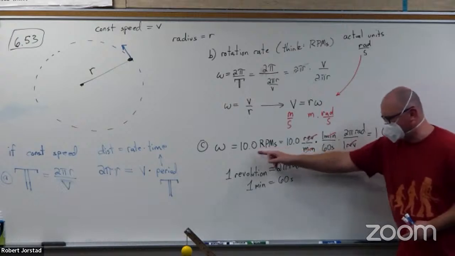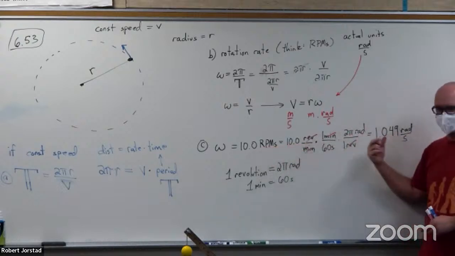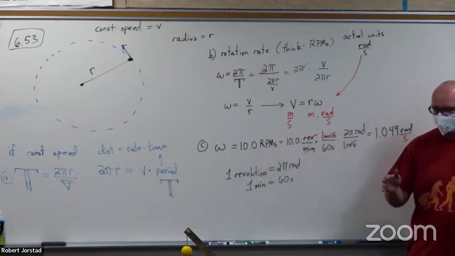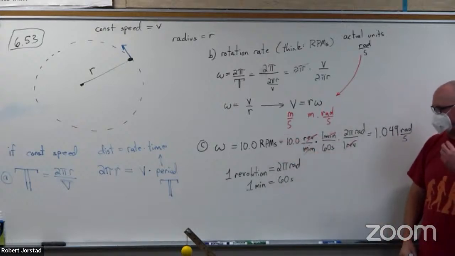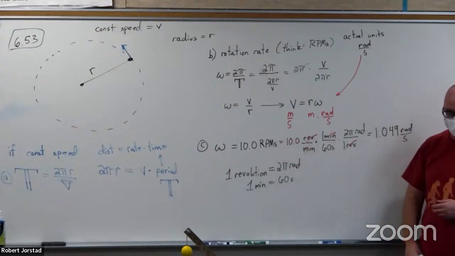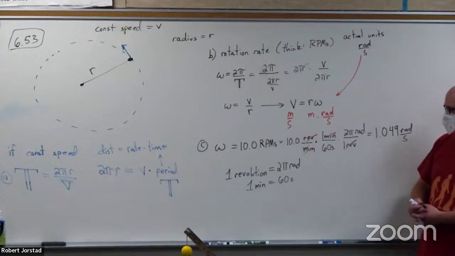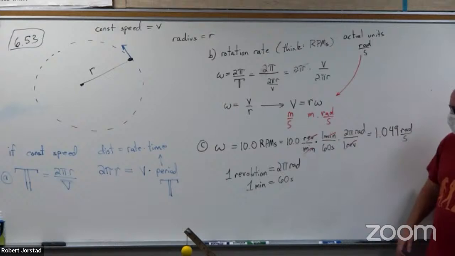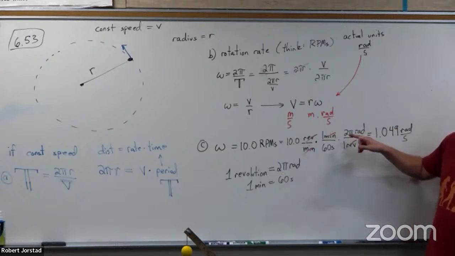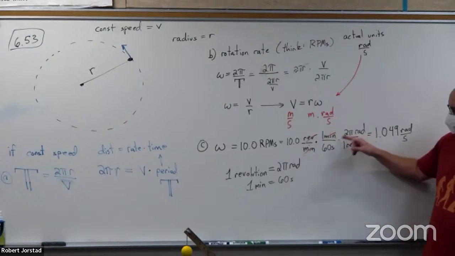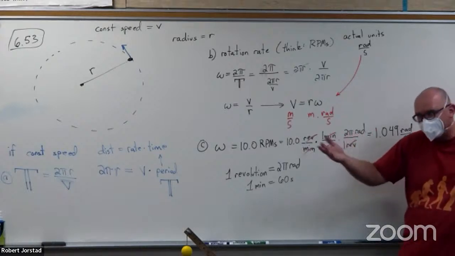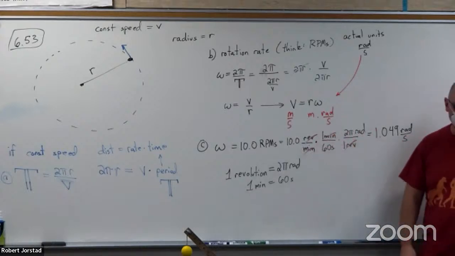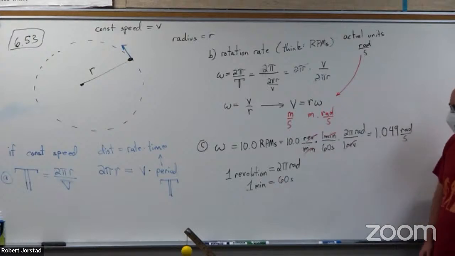You agree it's about a factor of 10? So just remember that. When you're going from RPMs to radians per second, is it about 10? It's either multiply by 10 or divide by 10 with a little bit of garbage on the end. That's because 2 pi is 6.28, and 6 over 60 is about 1/10. It works out pretty good. Good enough? So when you're doing these conversions, check and see.